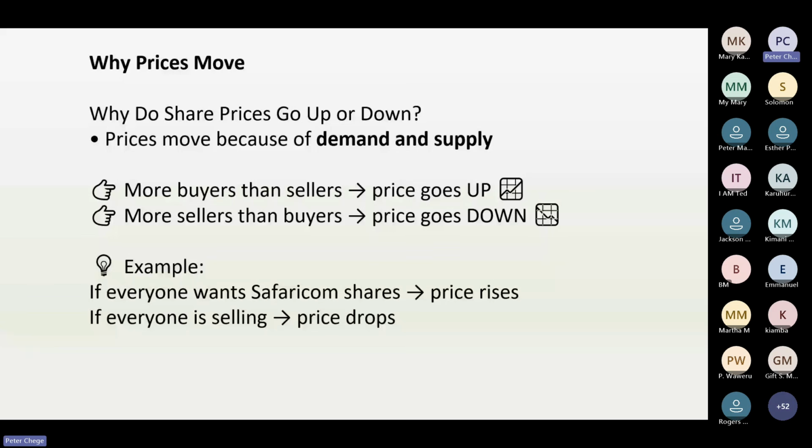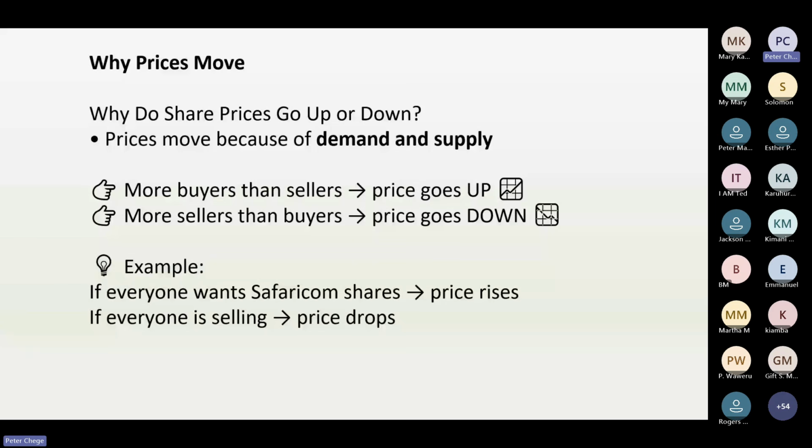If there are more sellers than buyers, prices will go down. If you flood a market with a lot of tomatoes and there are not many people buying, prices will go down. What if there is a shortage of tomatoes, but there are many people buying? Even suppliers hike the price. It's the same thing in the market. So more buyers than sellers, prices always go up.